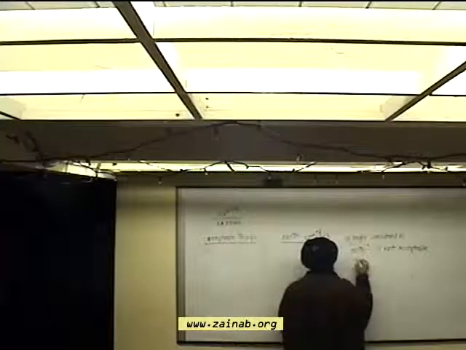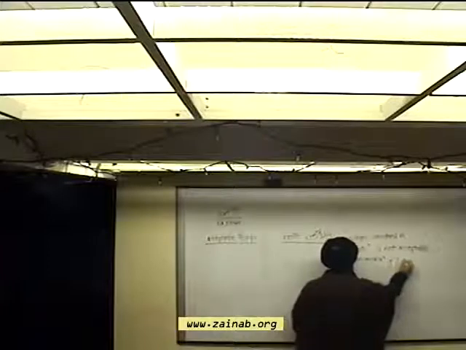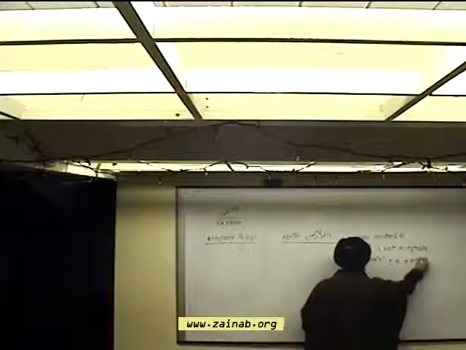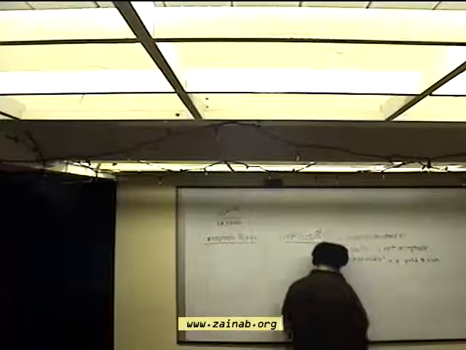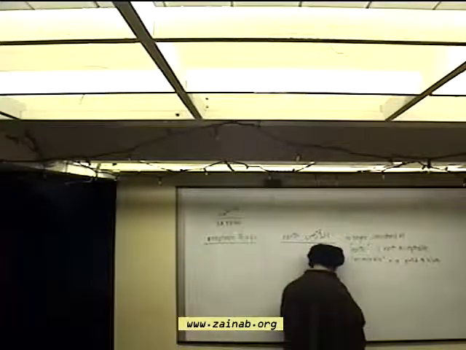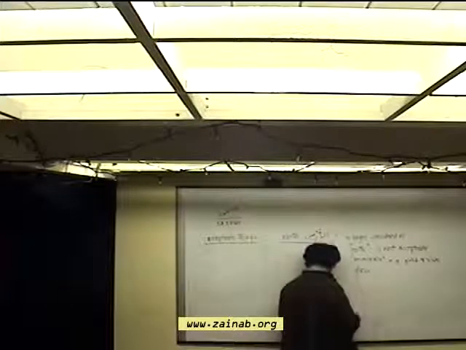Examples are minerals, for example, like gold and silver. They are no longer considered to be part of earth. Or the glass. So we can't do sajda over the gold or the silver or the glass.